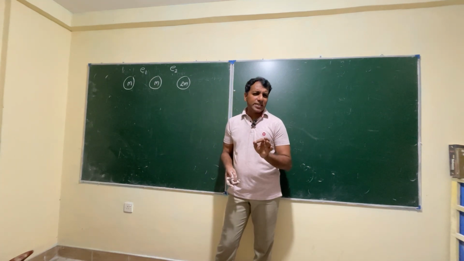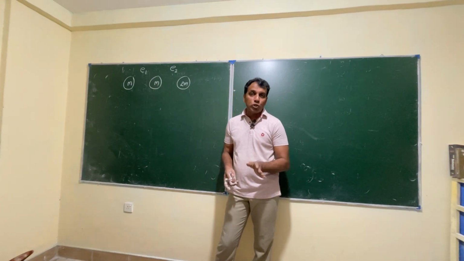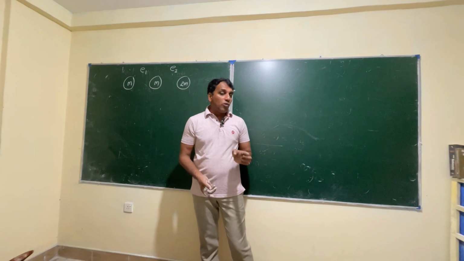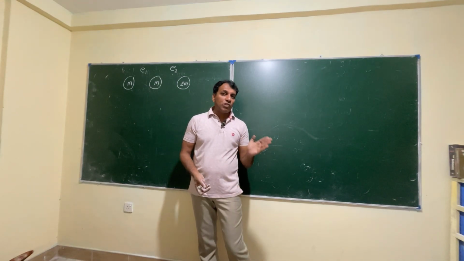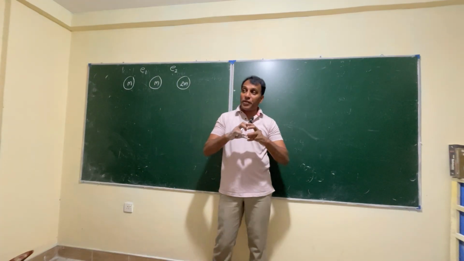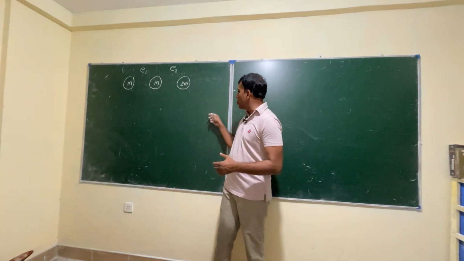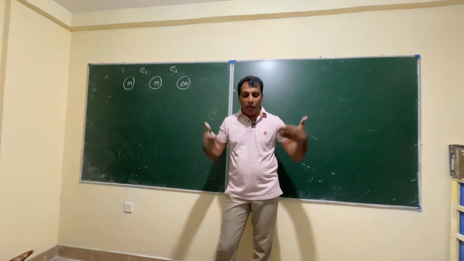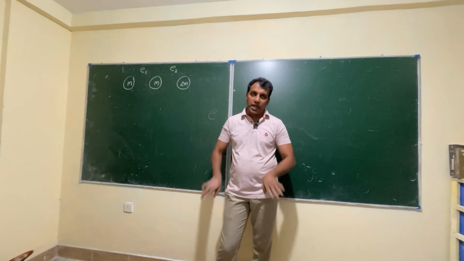The other one is the famous equation for maths students, Newton's law of restitution. What is that? The separation relative velocity equals E, the coefficient, times the approaching relative velocity.